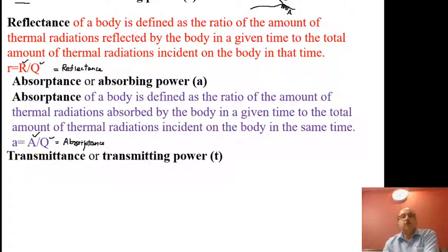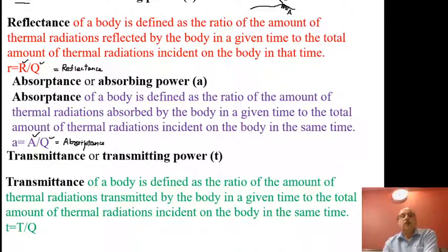Next is the transmittance or transmitting power. Some part of the radiation is transmitted to the other side of the body, and it is represented by capital T. The transmittance of a body is defined as the ratio of the amount of thermal radiation transmitted by the body in a given time to the total amount of thermal radiation incident on the body in the same time.